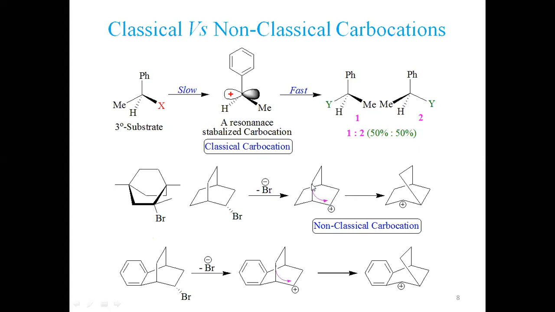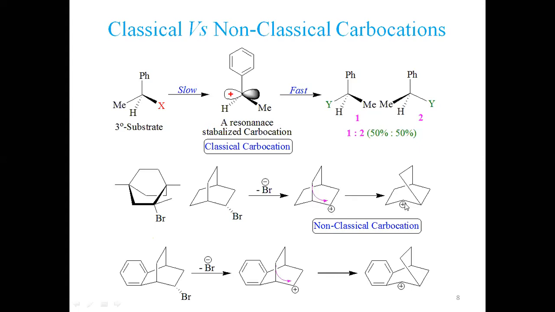So if it transfers from this position to that position, this is in fact called a non-classical carbocation. You see, this carbocation is not stabilized by pi electronic density or a non-bonding electron pair. A sigma bond is stabilizing this positive charge.